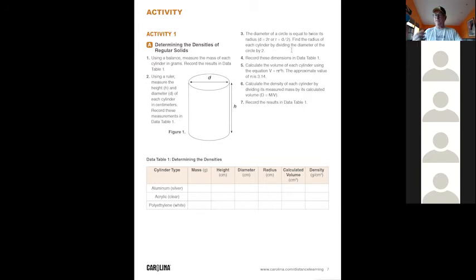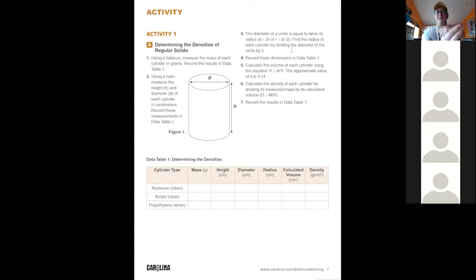To measure the volume of these, what do we have to do? Is it pi r squared times the height? Yep, that is the volume of a cylinder. John, if you have a caliper, definitely use it. Use whatever is the most accurate thing.